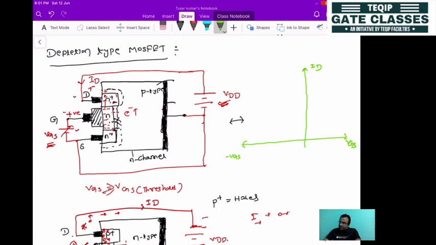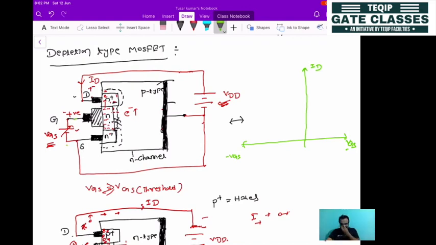Now, what happens here? This is the positive VGS, and this is minus VGS. In the N channel depletion type MOSFET, let's say we are applying a certain voltage, with the positive terminal connected here and the negative terminal connected to the source.